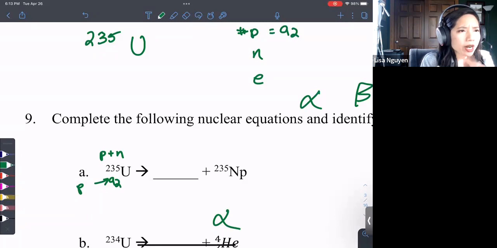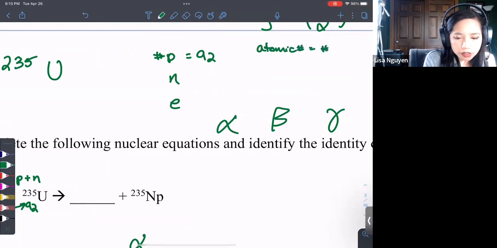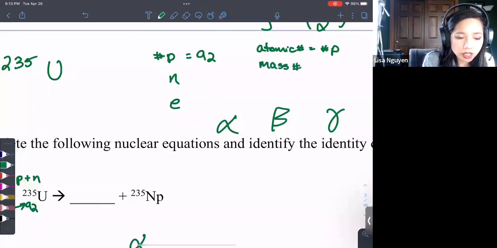There are 3 different equations, and I'll write them there, for how we get all these different subatomic particles. Your atomic number is your number of protons. So you have to identify what element it is, and you'll know from its atomic number how many protons there are. Then it's the mass number, the larger number up here in the corner.